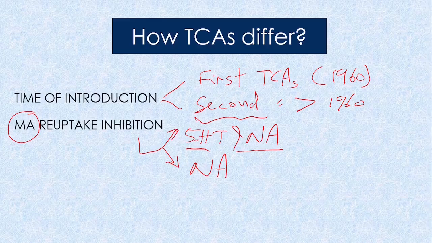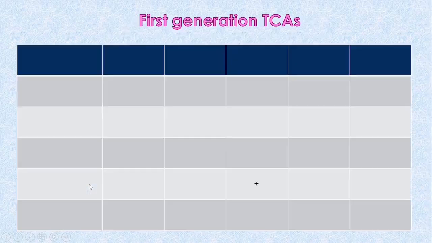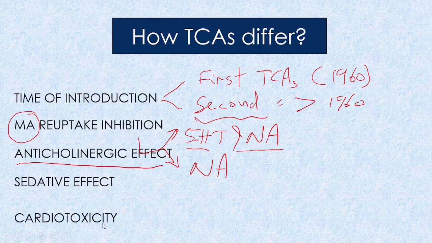Of course, they will differ in the severity of the anticholinergic effects we mentioned, including blurred vision, constipation, urinary retention, etc. Some of them have a strong anticholinergic effect. Some have a moderate to weak anticholinergic effect. Some differ in their sedative effect, and they differ in their cardiotoxicity, which we talked about.